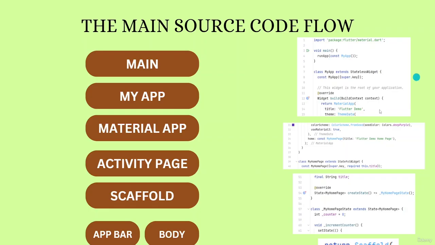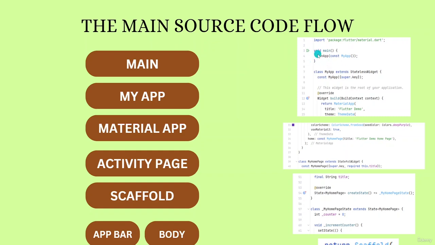Over here, if you take a look, I have an example. Once you have imported the package of flutter/material.dart, you start with a function written as void main, then you run the app.